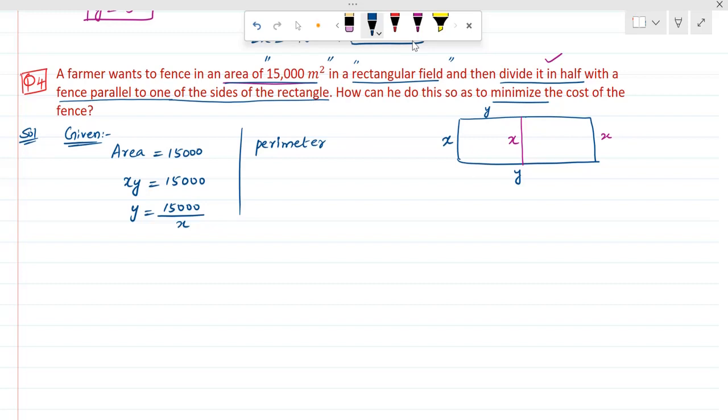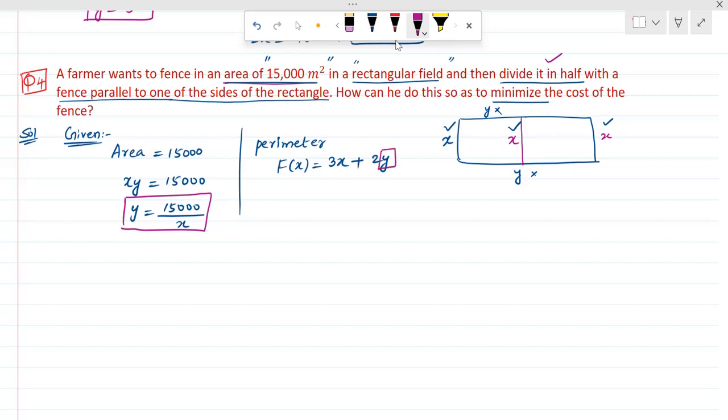The perimeter of the rectangle is given by the function. How many x do you have? 3x. So I will write 3x plus 2y. Now replace y with this part.